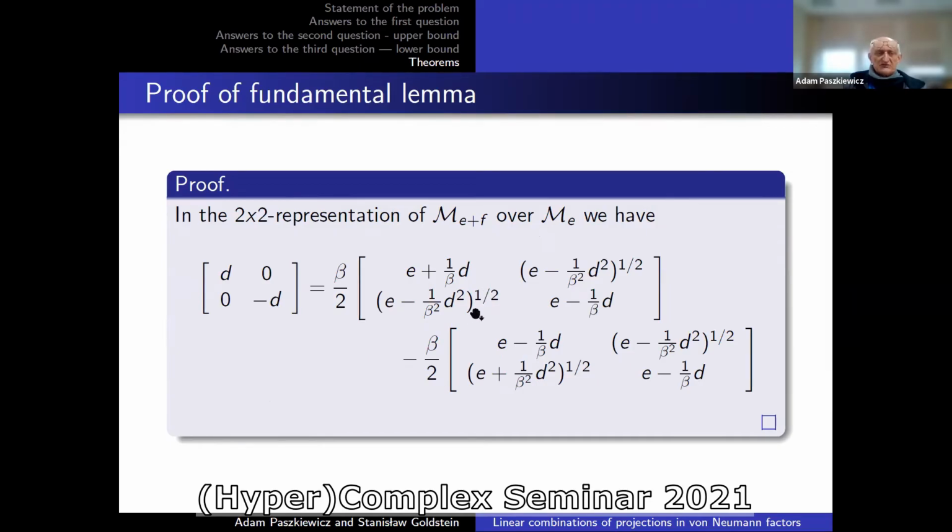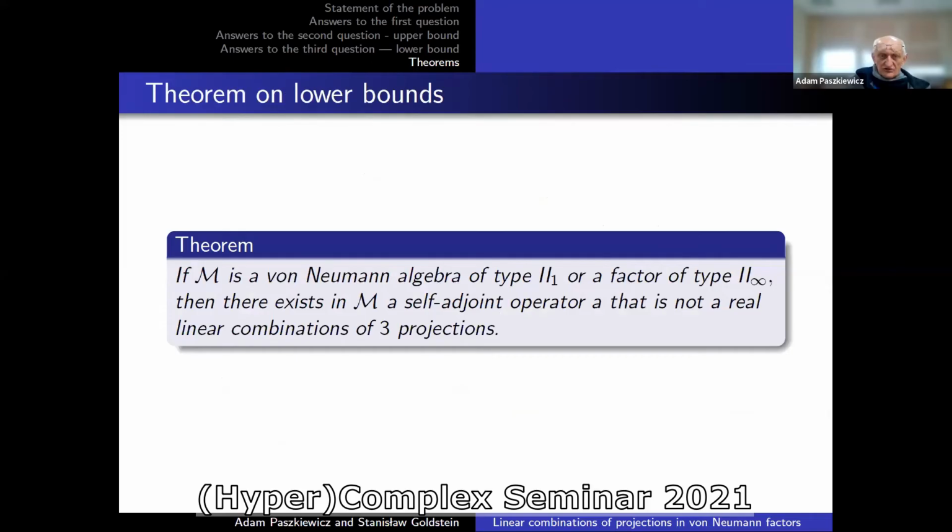It is a simple way to write these projections. Then I want to speak about the second method, namely this miracle result that in a type 3 factor I can use only 3 projections to express any operator.